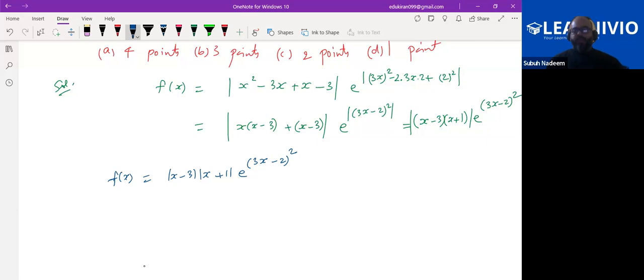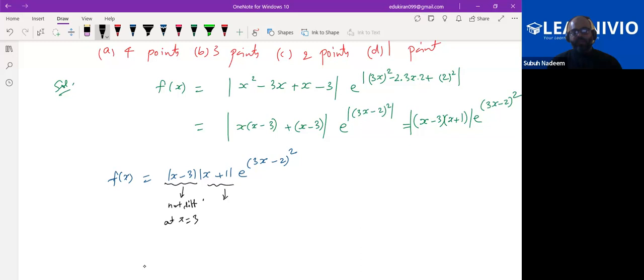So mod function is not differentiable where it changes the definition. So what we can say here is that this mod of x minus 3 is not differentiable at x equal to 3. All others will be differentiable at x equal to 3.